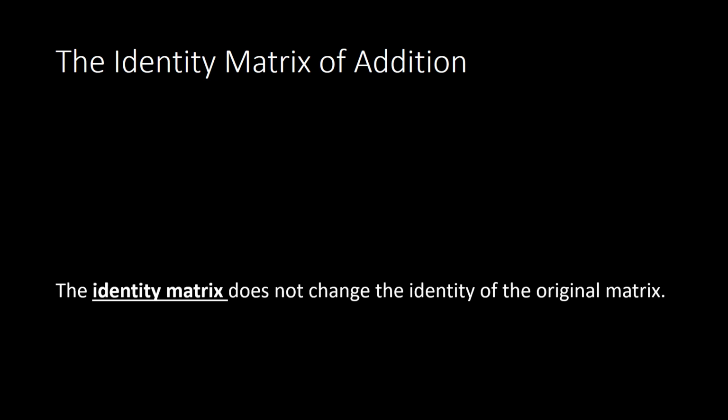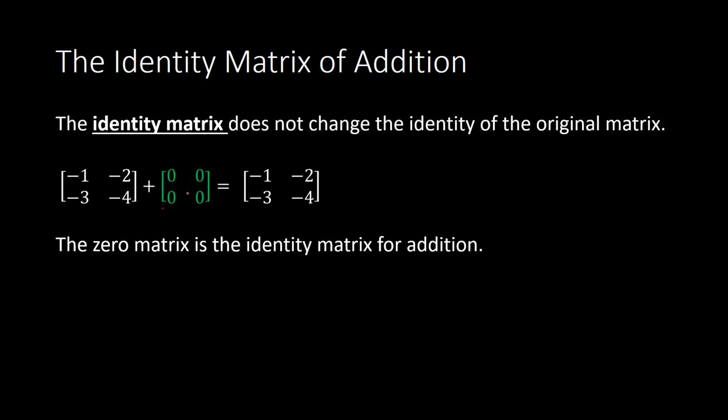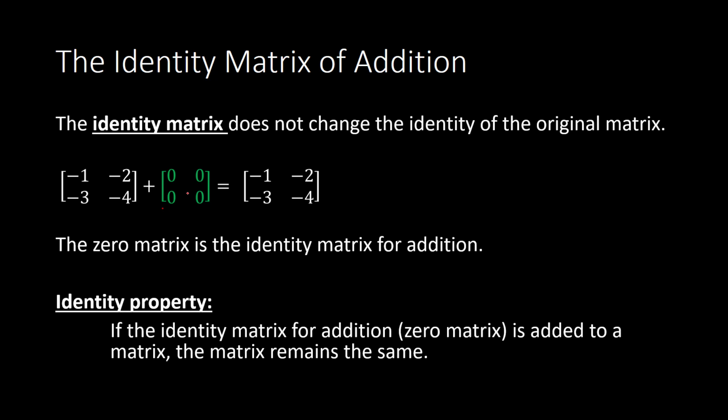So for example, if you have the matrix negative 1, negative 2, negative 3, negative 4, notice if I add this 0 matrix right here, it does not change the identity of the original matrix. So this 0 matrix is what we call the identity matrix for addition. The identity property basically just says that this matrix exists.